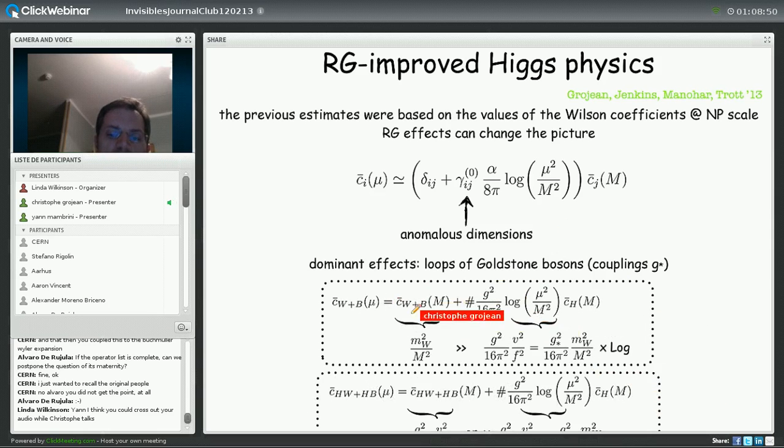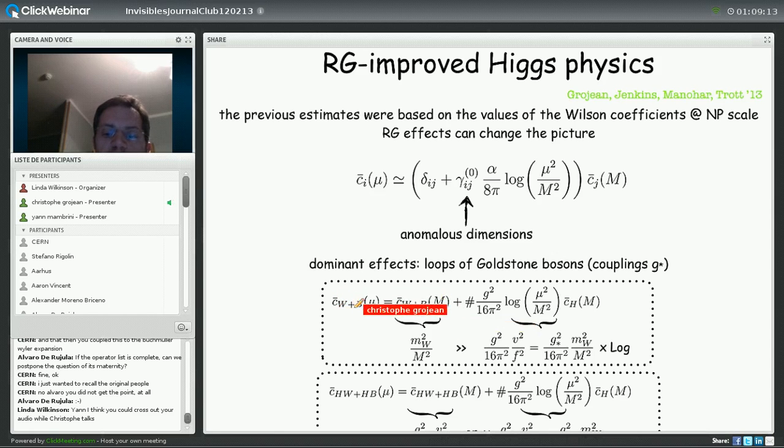Now, you see that this anomalous dimension can actually affect the power counting, because you have the power counting which was estimating the value of this Wilson coefficient at the scale of new physics. And finally, you can have the log contribution, which is coming from the running, and the log is also mixing the different operators.